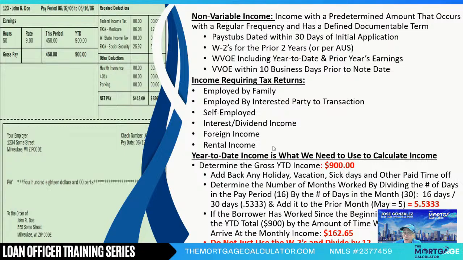Scenarios where tax returns will be required are when the employee is employed by family. If they're employed by family, the guidelines are a little bit different, for example on the agency loans. It's going to tell you in that case to use the prior 2 years' income and not to use the year-to-date income. A little bit of a confusing twist there.